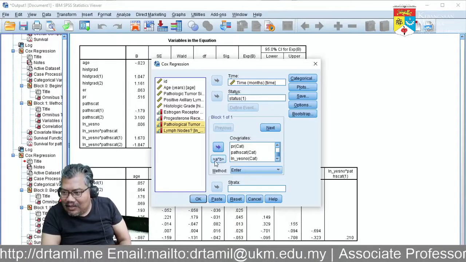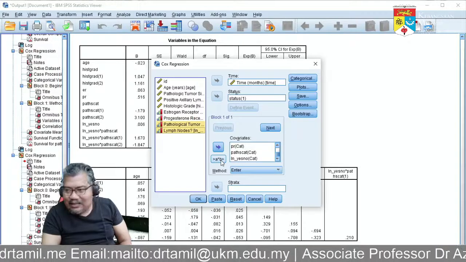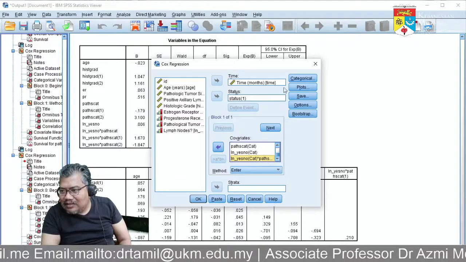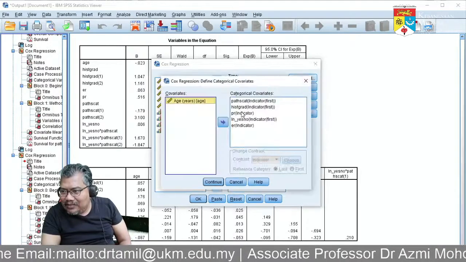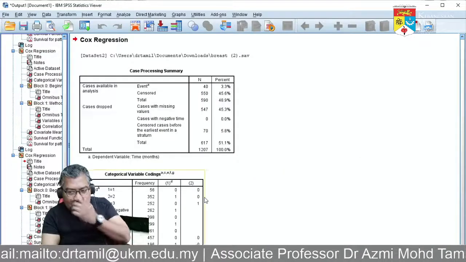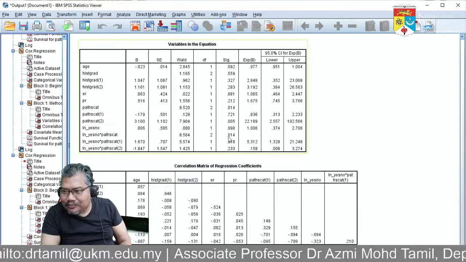So the A and B are highlighted. Okay, so this is for interaction. I shift it here. The rest no need to worry because the rest are maintained the same. All these reference groups are the same. Click OK. So you get the results, and the result looks like this.